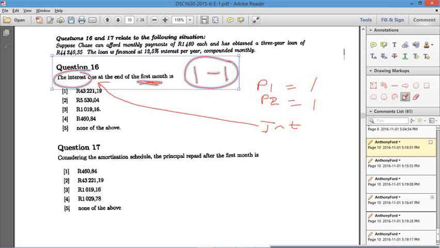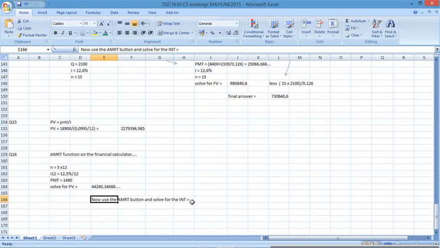Okay, the interest. And they also want the principal repaid after the first month, which is the PRN. So on your calculator, solve for the interest and the principal.